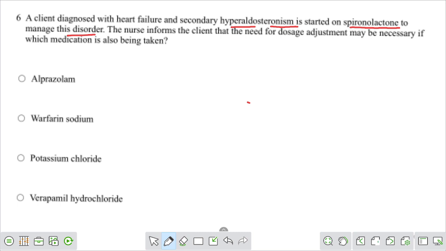To excrete this accumulated fluid, the medication prescribed is spironolactone, and spironolactone is a potassium sparing diuretic. This diuretic spares potassium, meaning it preserves the potassium and excretes other content like other minerals or water. So there is an excess accumulation of potassium in your body.